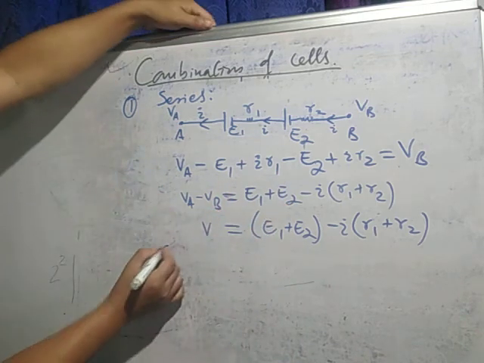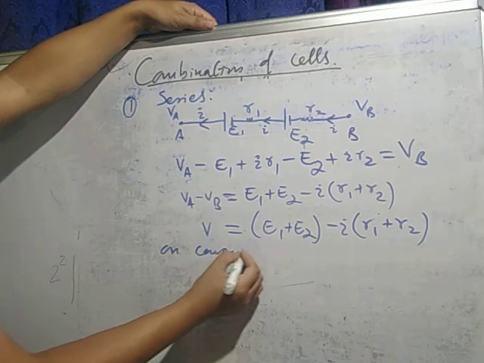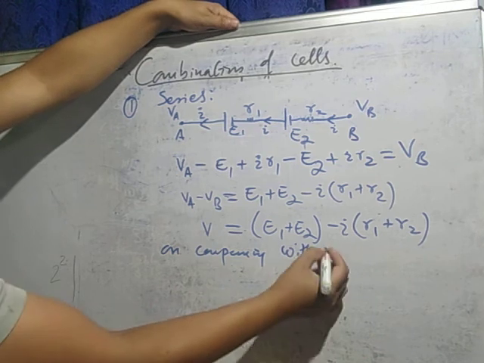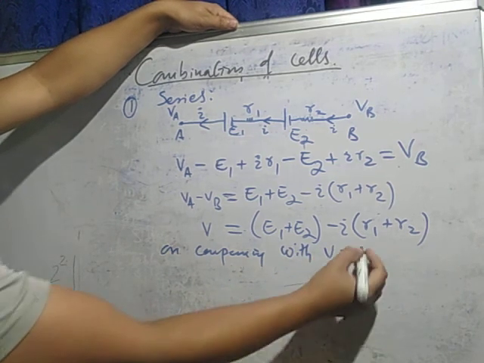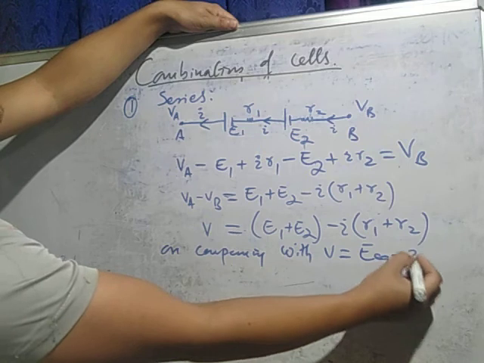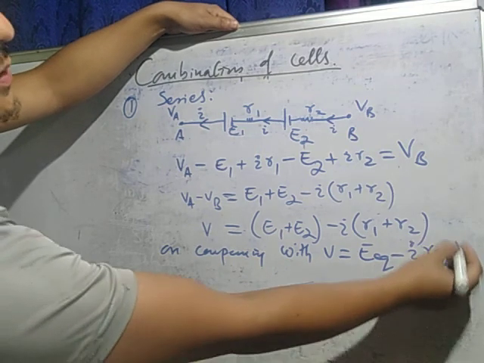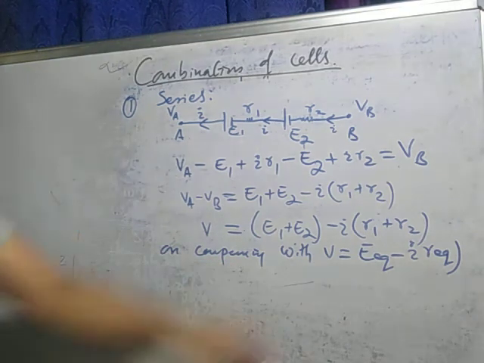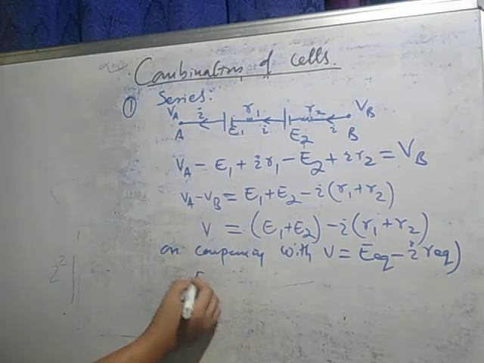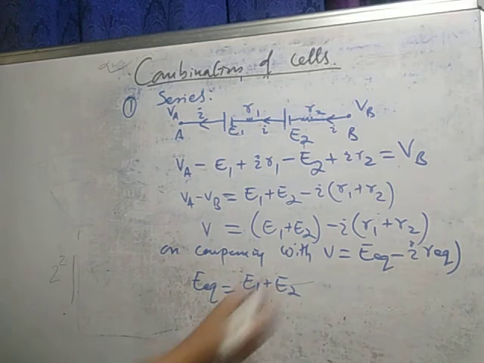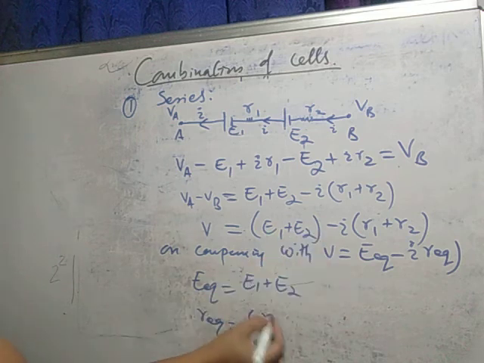Comparing with V equals E equivalent minus I R equivalent, E equivalent is E1 plus E2, and R equivalent is R1 plus R2. So this is your series combination.